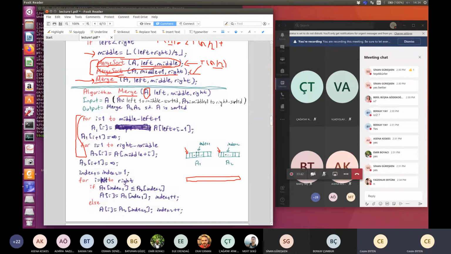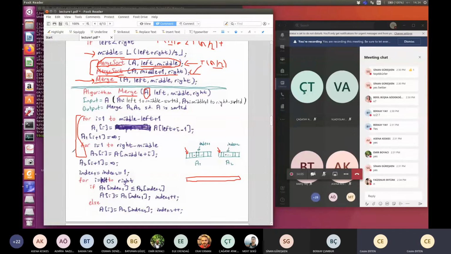Okay, can everybody see that? Because we have n items, we copy basically n divided by 2 items into A1 and n divided by 2 items into A2. So in total, we do almost n amount of time, but each assignment and other things might take constant time.